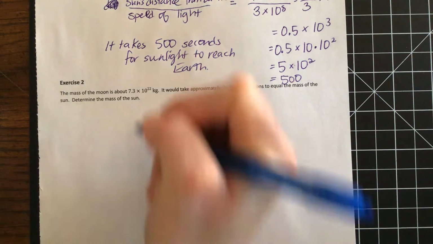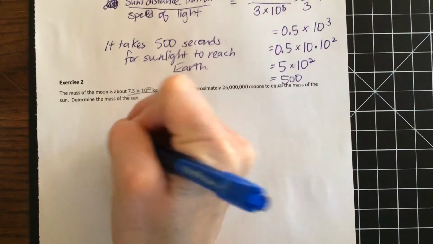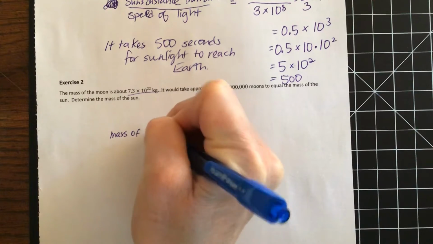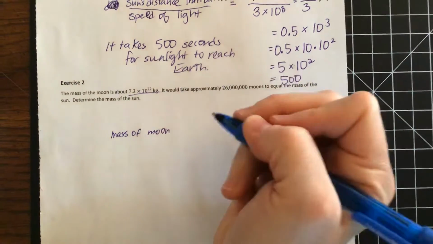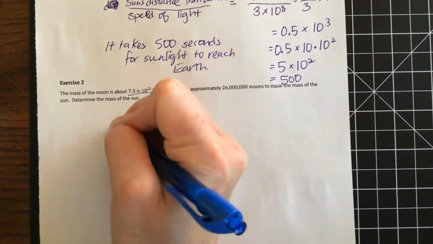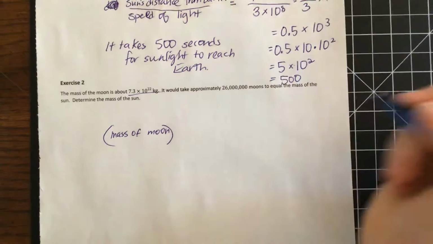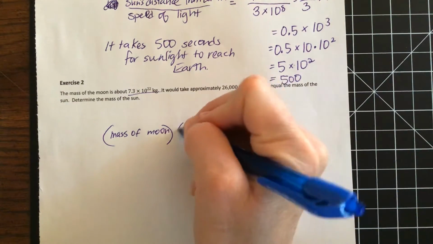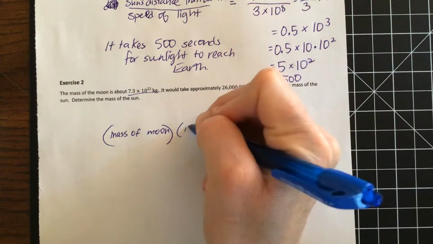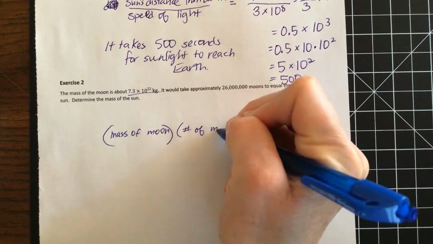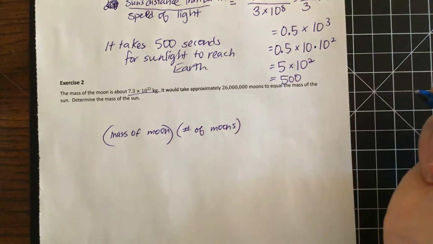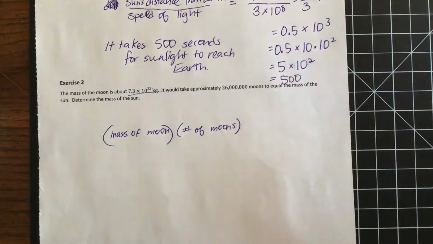So if you take the mass of the moon and then you multiply it times the number of moons, you should get the mass of the sun.